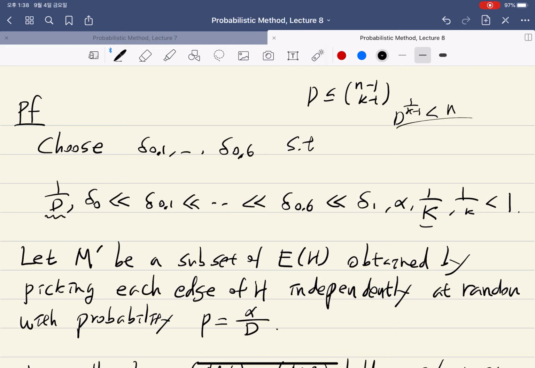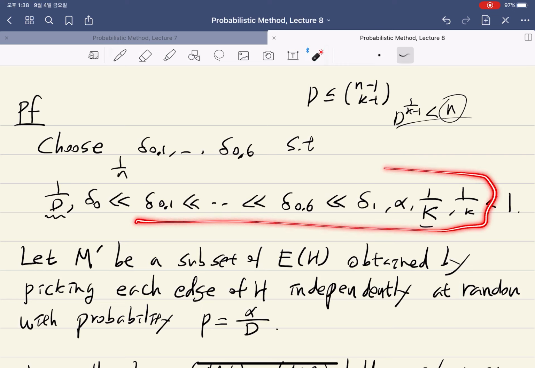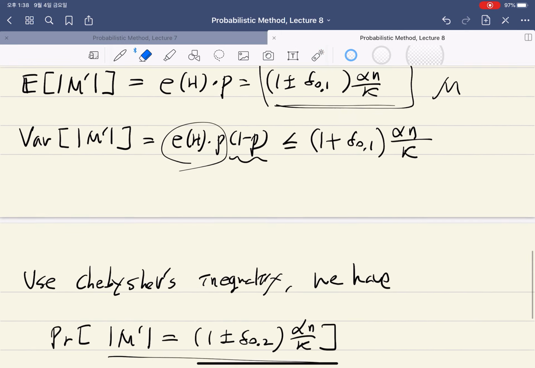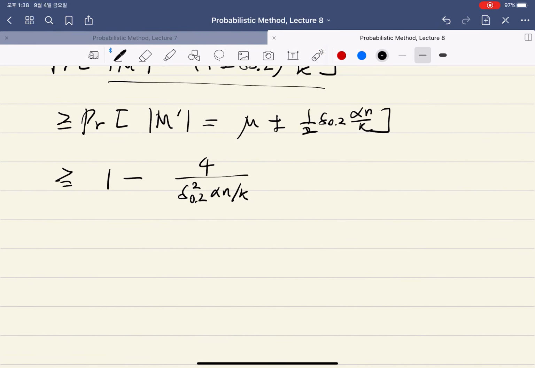This automatically ensures that 1 over n is much smaller than anything in here. So here n is big, and the rest of them are negligible compared to n. That means even if you multiply this and then subtract it, this is still big.